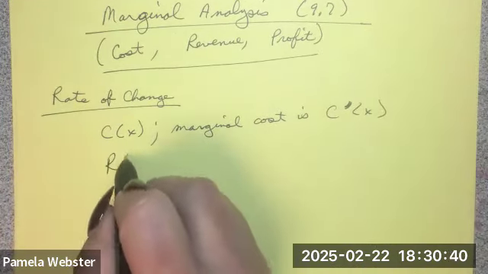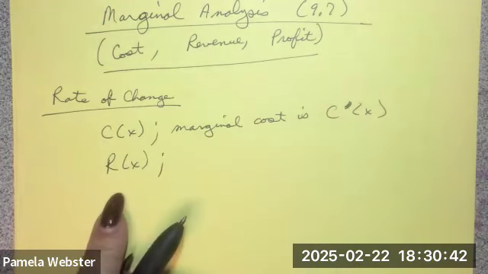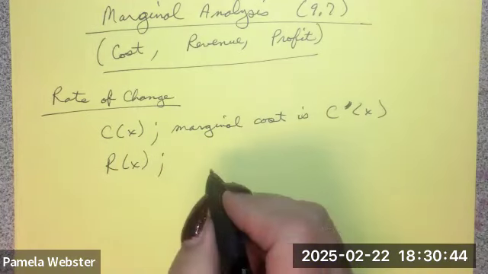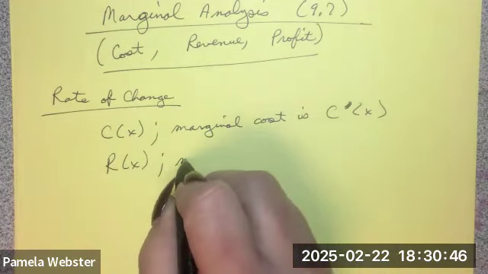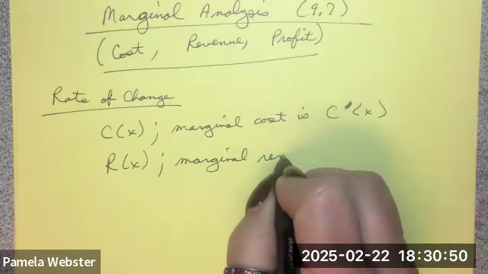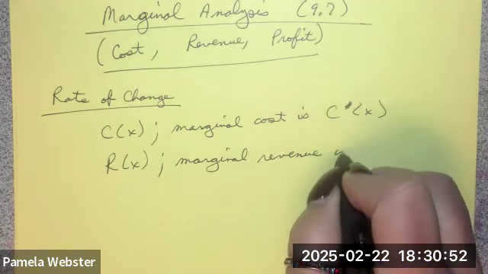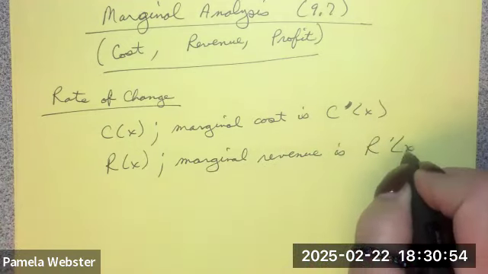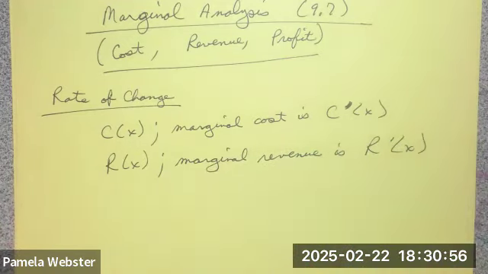If there's a revenue function, and again, R of X for revenue, then there's a marginal revenue function, and we use R prime of X for the derivative of the revenue function.